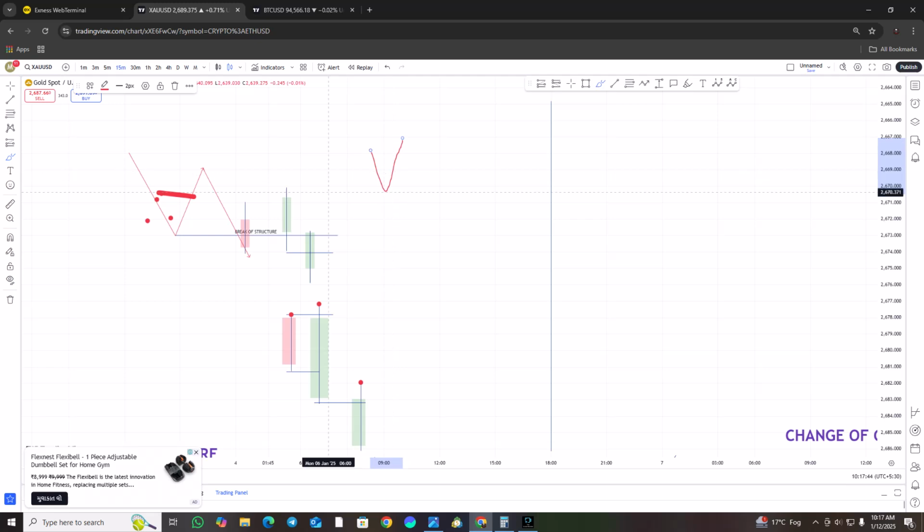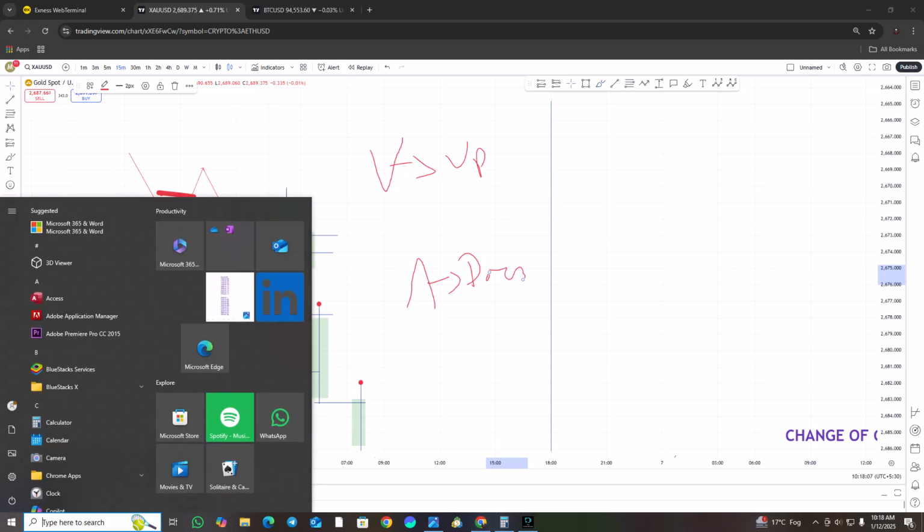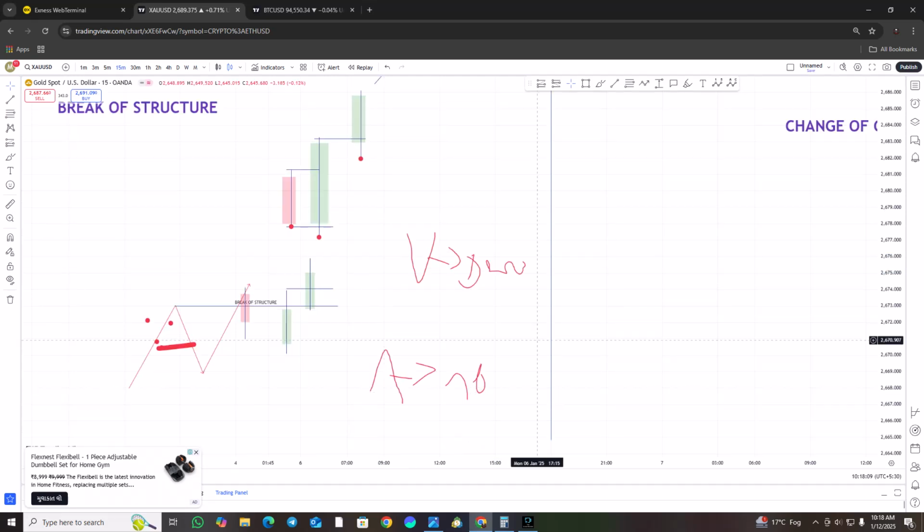It is for bullish momentum where the market is going in an uptrend. Next we have to see an A. First we saw a V, next we are seeing an A for downtrend. This is the three candle pattern, but the body close for the market is going to be the same.